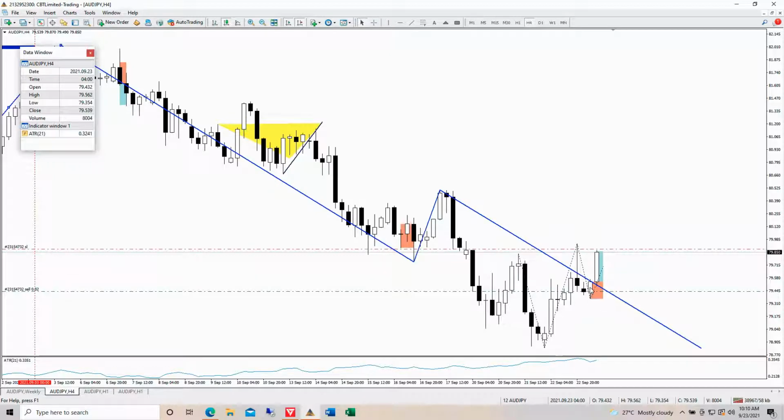And as you can see here, at the time where we entered the trade, the 21 ATR was 32.4 pips. You should, in fact, use a 30 or 34 period ATR on the 4-hour time frame. So just bear that in mind. That's the best time to obviously use that.